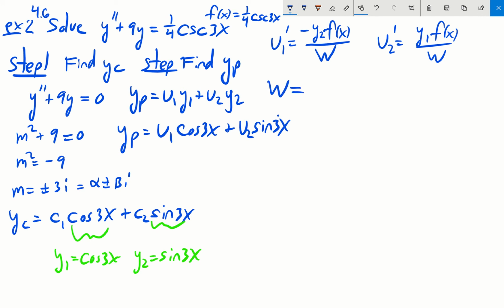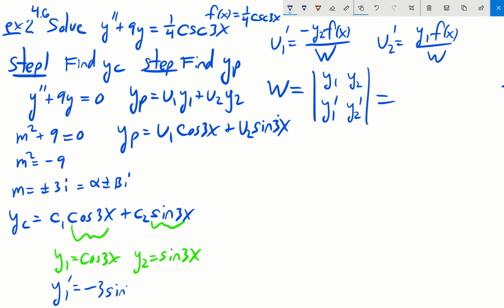The Wronskian we know is the determinant of y1, y2, y1 prime, and y2 prime. We have our y1 and our y2. Let's come down here and compute their derivatives. This one will end up being a negative 3 sine 3x. y2 prime will be a 3 cosine 3x.